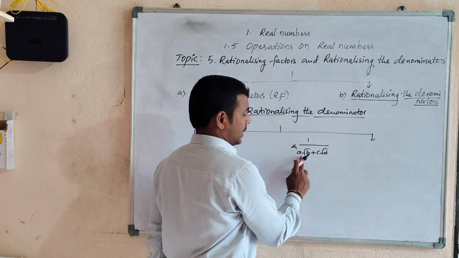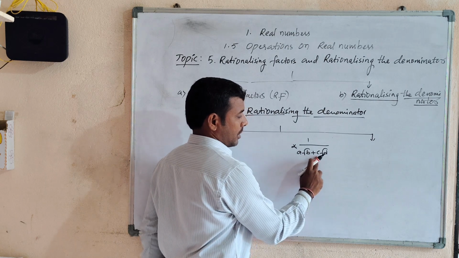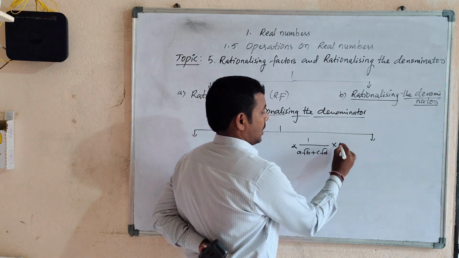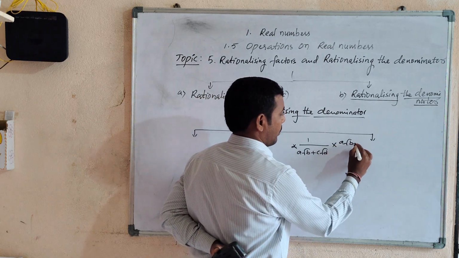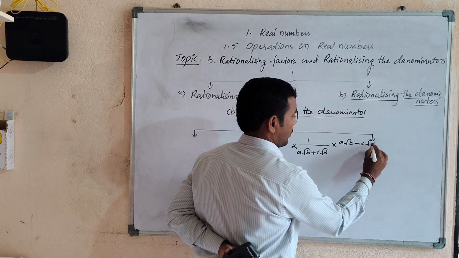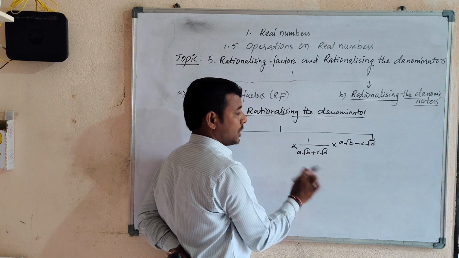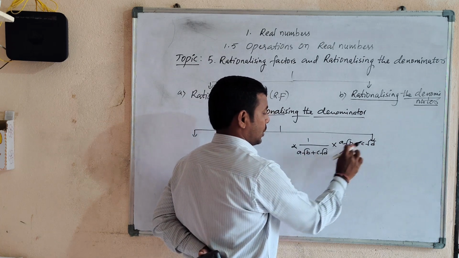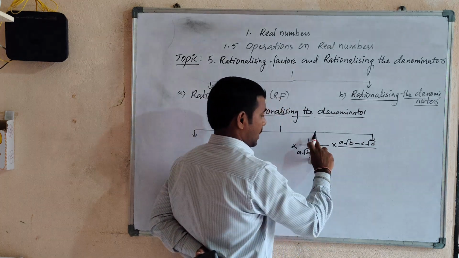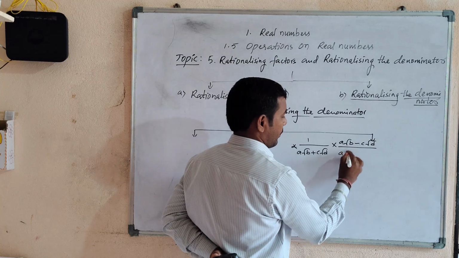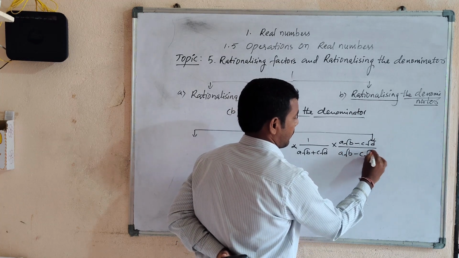Simple. What is the rationalizing factor of this denominator? That is a into square root of b minus c into square root of d. This is the rationalizing factor of this one. That's why you multiply this in numerator and denominator. Observe carefully.